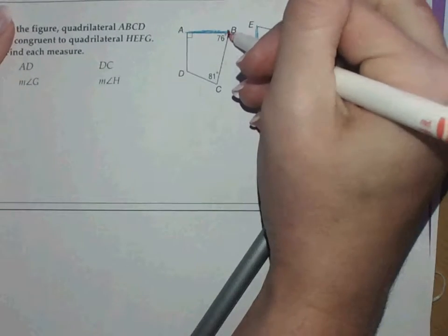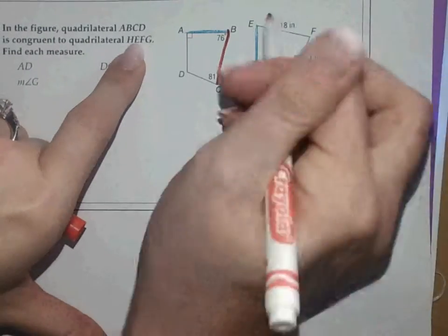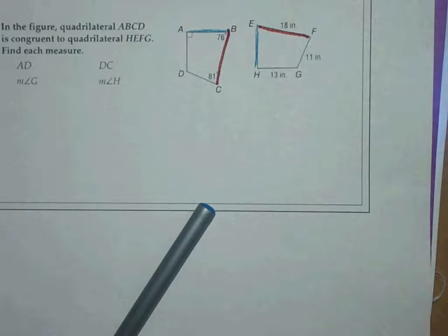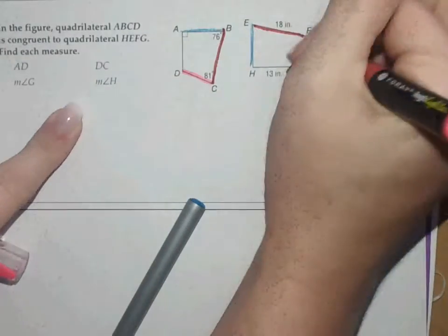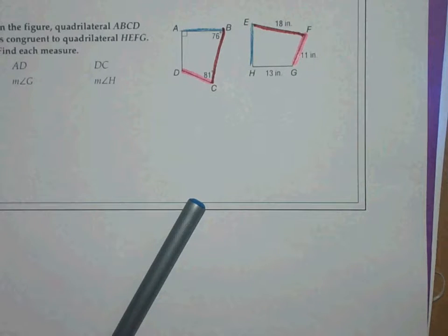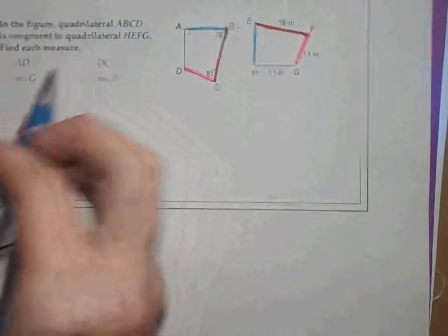Then BC is congruent to EF, and then CD and FG, and then it leaves the last one also congruent. So that just gives me a visual so I can find those sides a little easier.